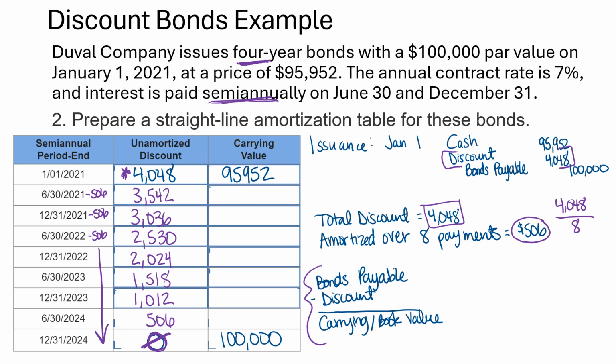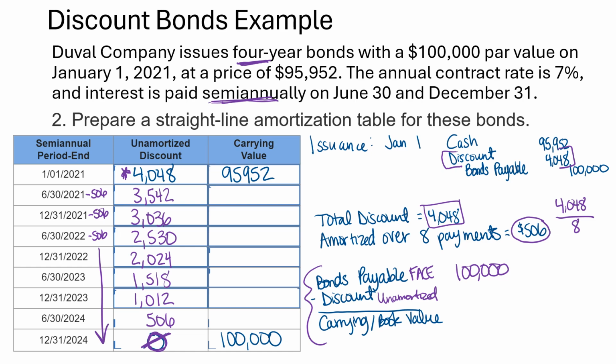Remember, bonds payable will always be the face value. So 100,000 minus the discount. And to be more specific, this is minus the unamortized discount. That will give you the carrying value or the book value.